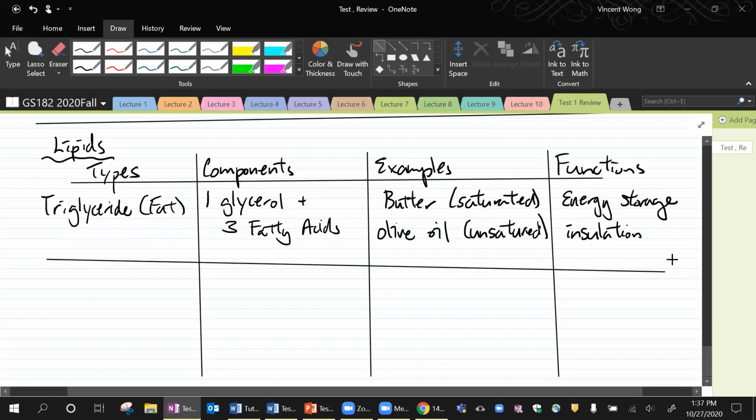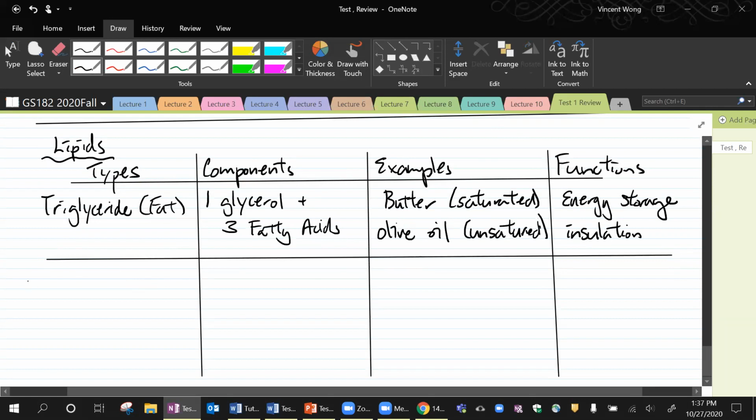That is a triglyceride. There is also the phospholipid. The components for that are also 1 glycerol plus, this time, 2 fatty acids. Usually 1 saturated and 1 unsaturated, but they could both be saturated as well.